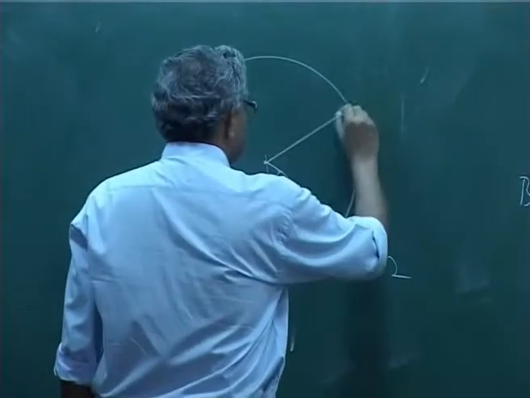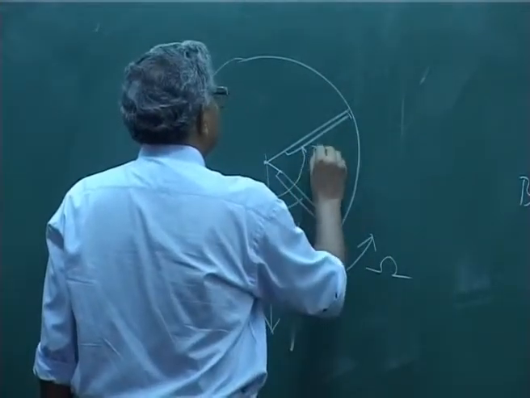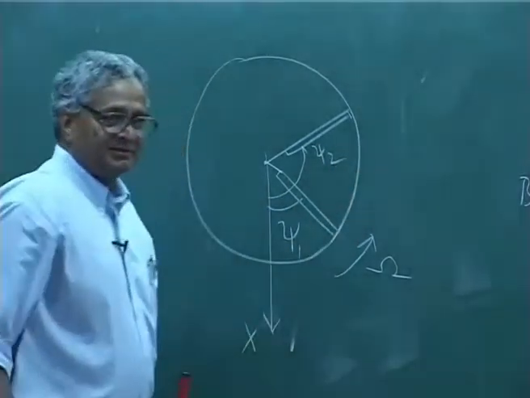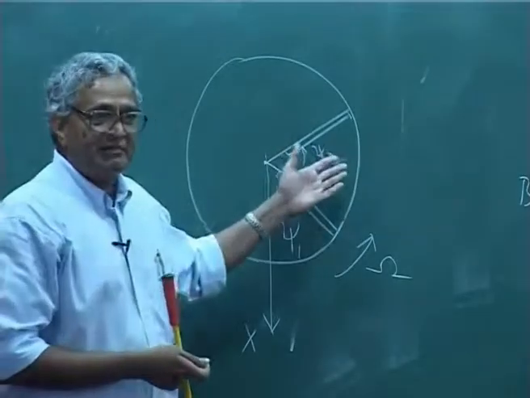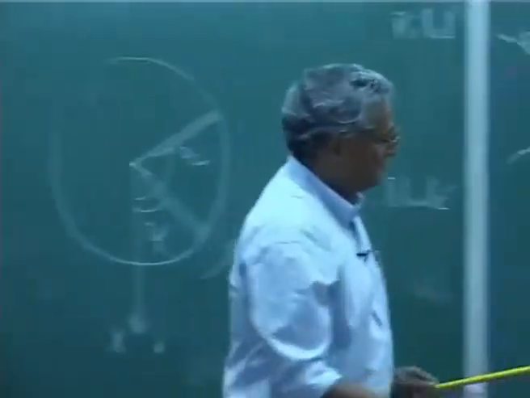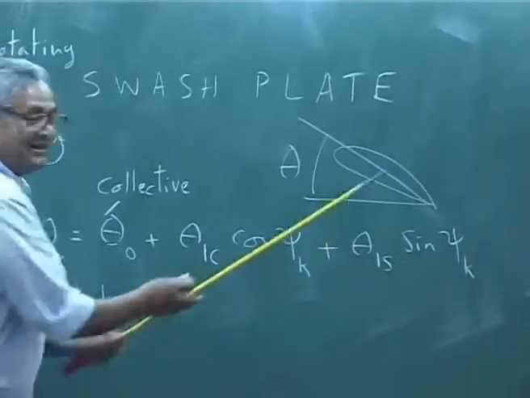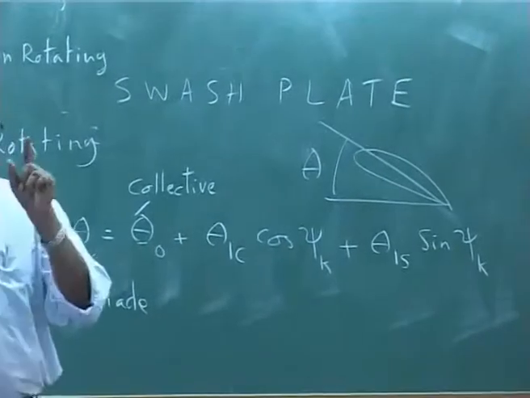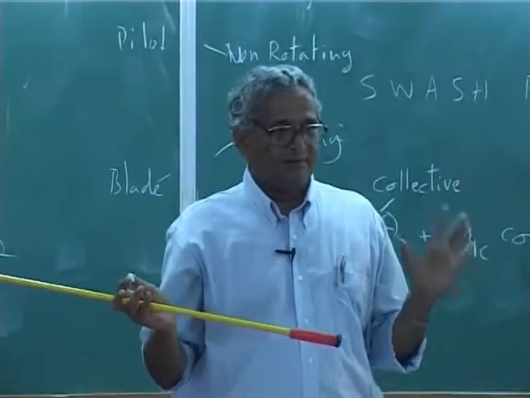If it is a second blade, you will have it like that. So, the kth blade will be psi k, that is why I put psi k. The azimuth location of the blade.